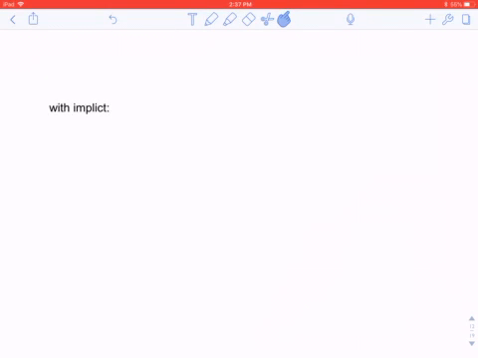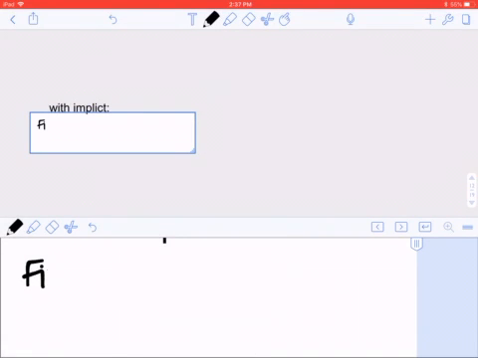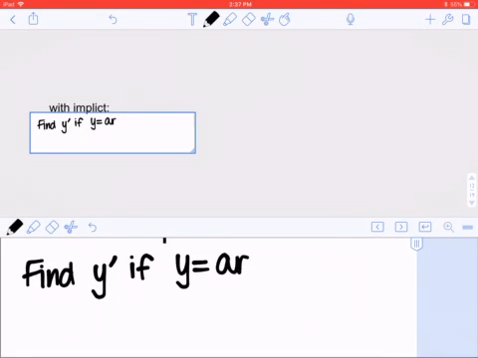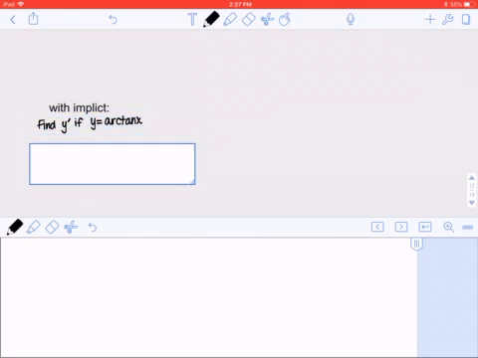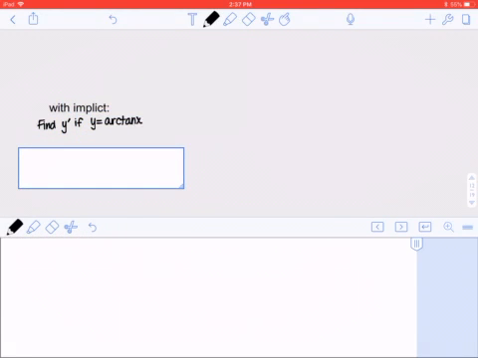With implicit, it looks a little bit different. Basically the question is, find y prime if y equals arctan x. What is the derivative of arctan? The first thing I would say is, I could take the tangent of both sides.